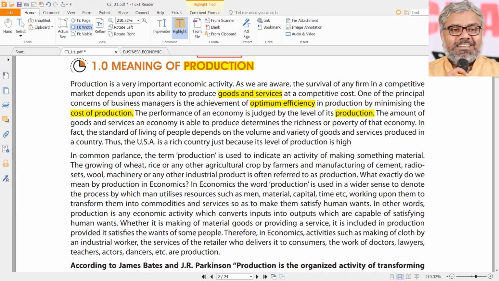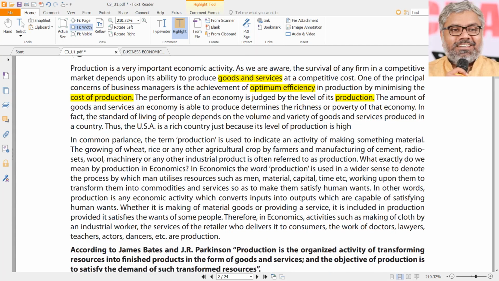For example, India's GDP is so and so. If we say $3 trillion approximately, it means the value of all the goods and services produced in one year in India is equivalent to approximately $3 trillion. Even production is very important in understanding the performance of an economy.